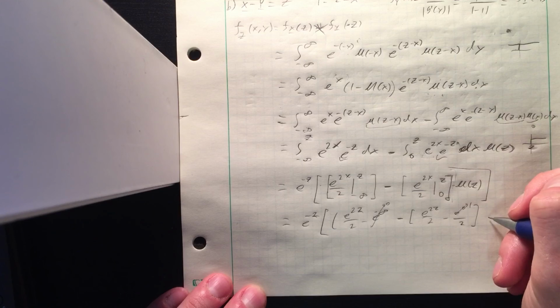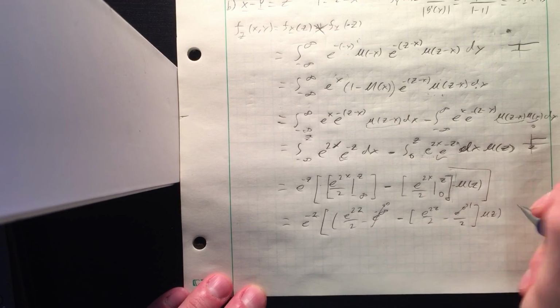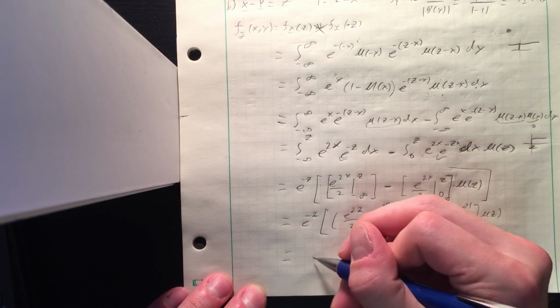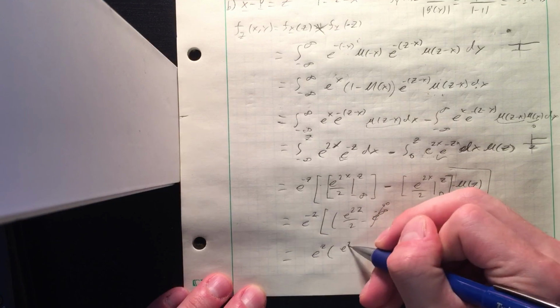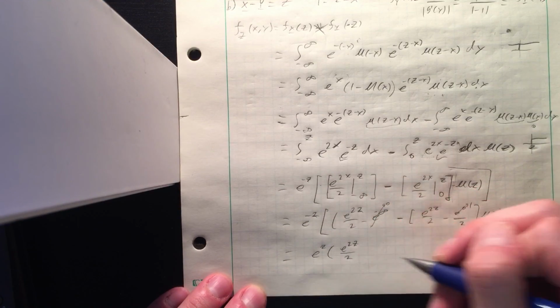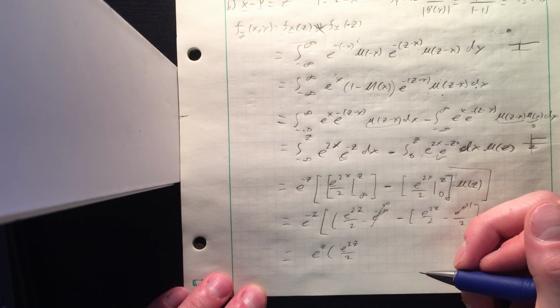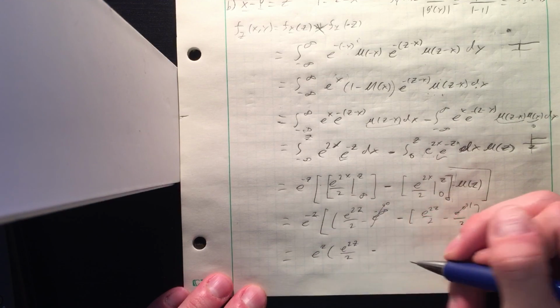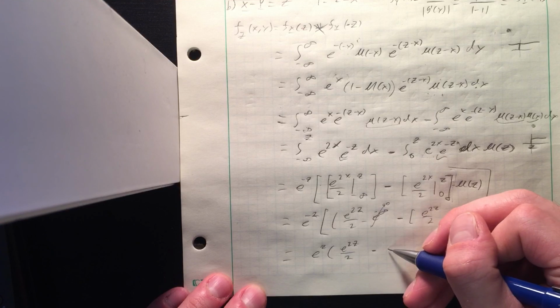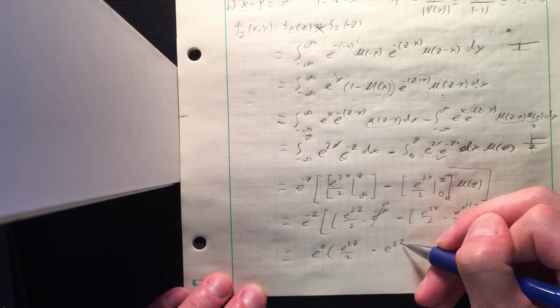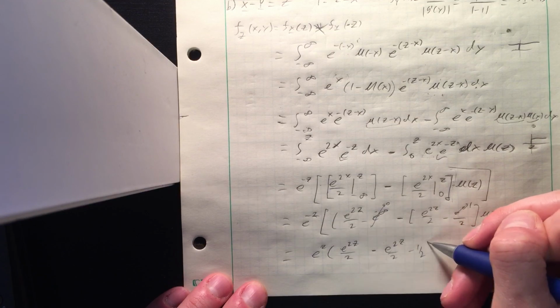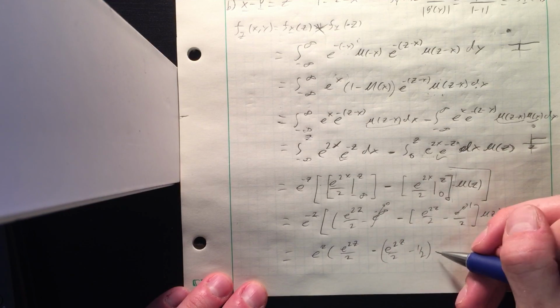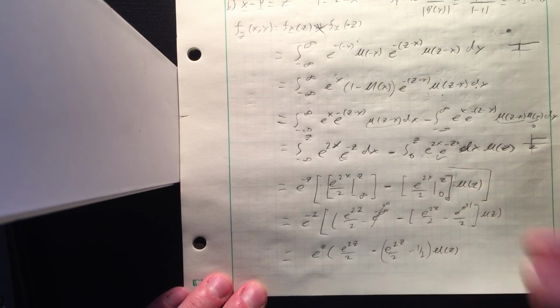So 1/2. So e to the z of e to the 2z over 2 minus e to the 2z over 2 minus 1/2 u of z.